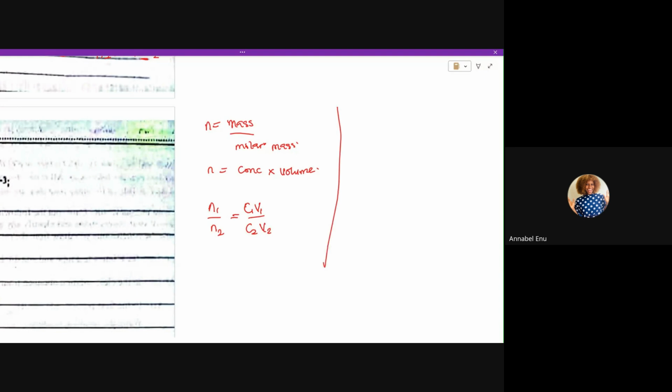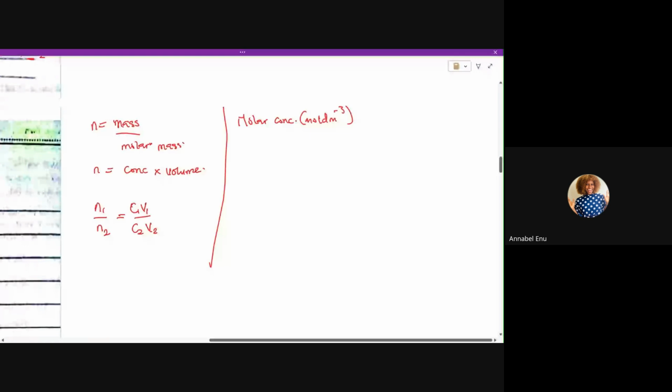More formulas we should take note of is the formula for molar concentration. Okay, molar concentration, the unit for it is mole per dm cube. Now, molar concentration is given to be equal to mass concentration, which is measured in gram per dm cube, divided by molar mass.